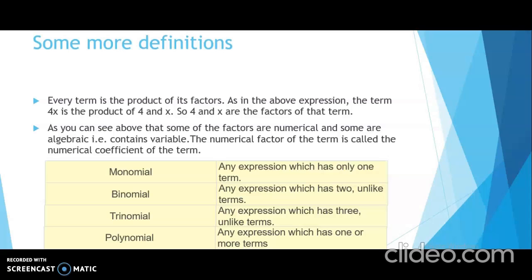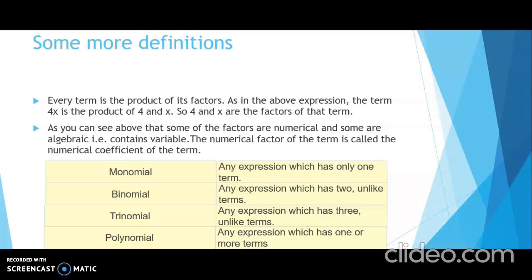As you can see above that some of the factors are numerical and some are algebraic. Yeah, you saw 4 is numerical, x is algebraic. That contains variable. The numerical factor of the term is called the numerical coefficient of the term. So now let me explain this to you in a simpler way. Let me take an expression like 4x plus 5y.